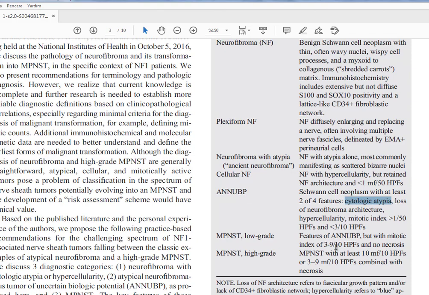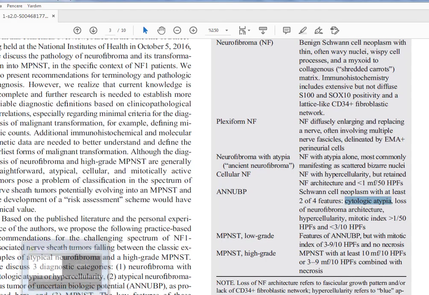If you have more mitosis, or necrosis, you can diagnose either low or high grade MPNST. But if the features fall short of a diagnosis of MPNST, you now have a very nice diagnostic category.